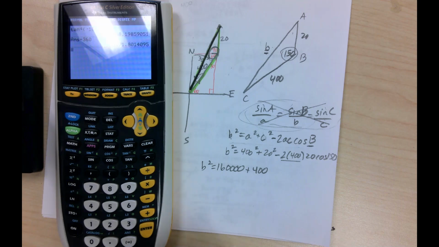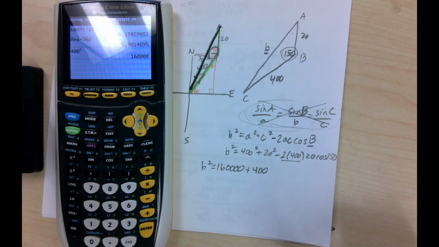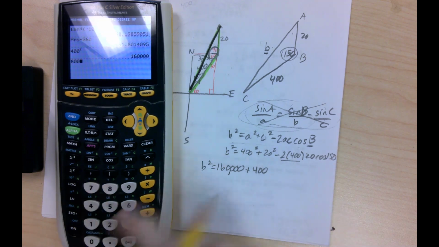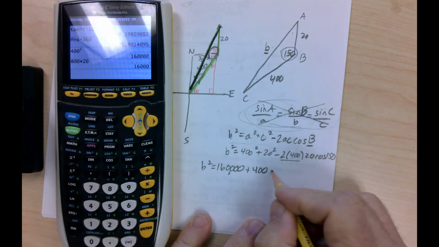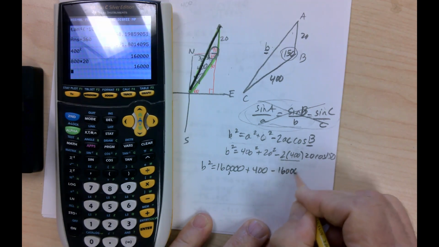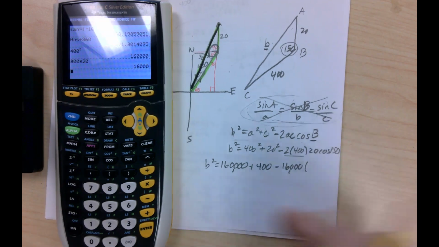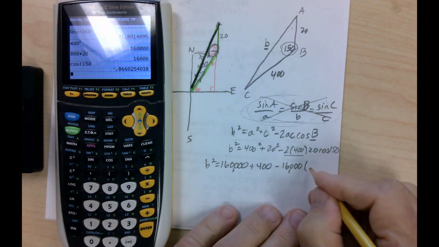I don't want to screw this up at the last second. So let me double check. 400 squared. Yes. I know that's 160,000. 800 times 20, 16,000. So minus 16,000 times cosine of 150. Again, double check your calculator.